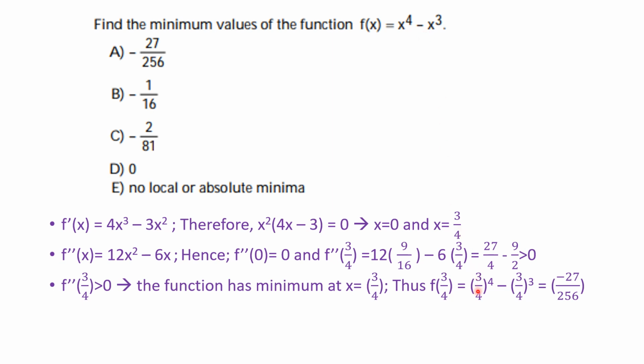So the first term will be 3 over 4 to the power 4 minus 3 over 4 to the power 3, and that will end up giving us negative 27 divided by 256. And if we look at the options, we find that to be option A. So the correct answer is option A.